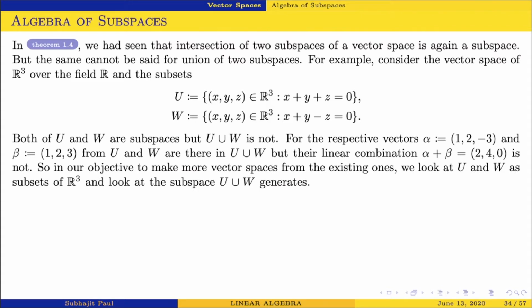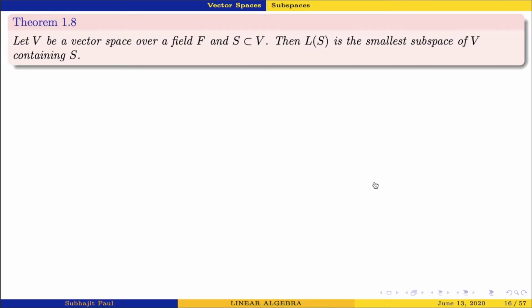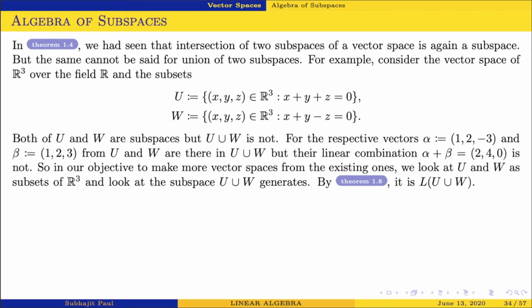So, in our objective to make more vector spaces from the existing ones, we look at U and W as subsets of R3 and look at the subspace that U union W generates. Now, by the earlier theorem, we already know that the subspace generated by a subset is the linear span of that subset, so it is L of U union W, according to the notation we are using.